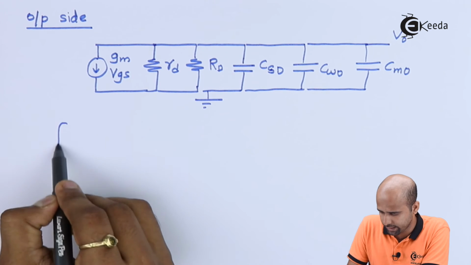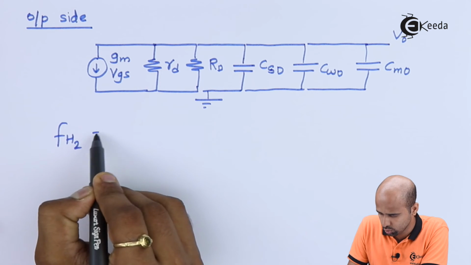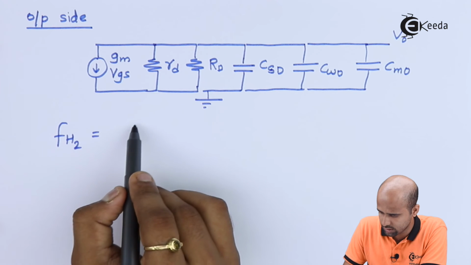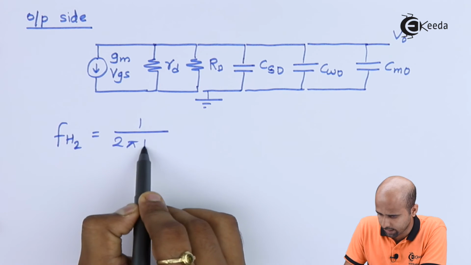I can also determine FH2 directly, which is equal to 1 upon 2 pi RC.